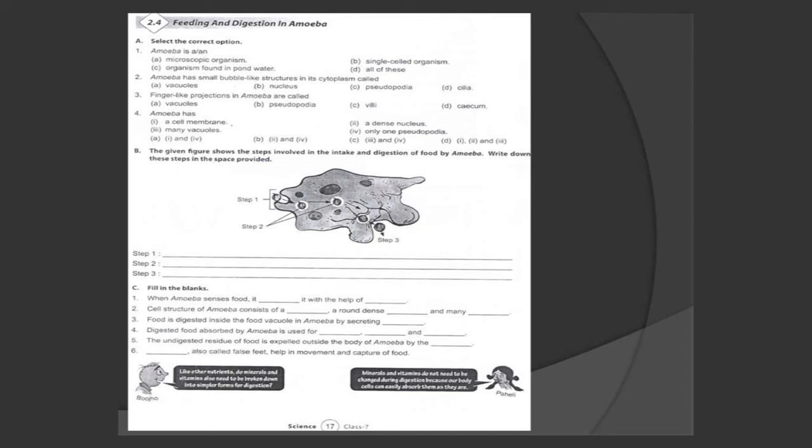Question 3: food is digested inside the food vacuole in amoeba by secreting digestive juices.